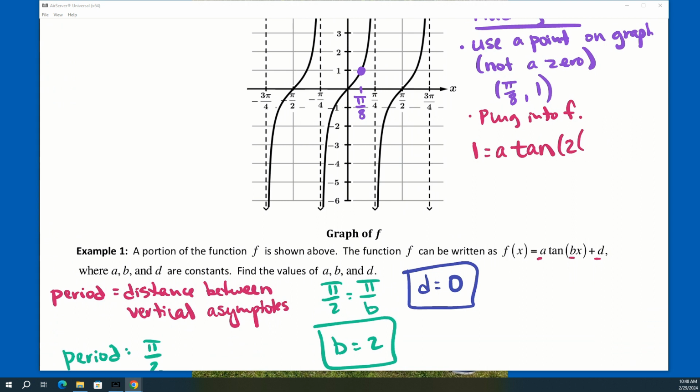And then in the place of x, we're going to put pi over 8. And then in this case, d is 0. All right, and then we're going to solve this for a. So we want to take 2 and multiply it by pi over 8, and that's going to give us pi over 4.